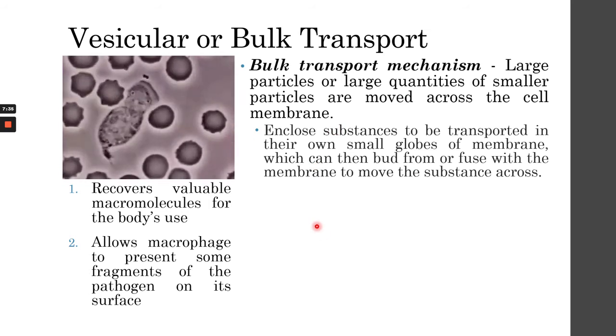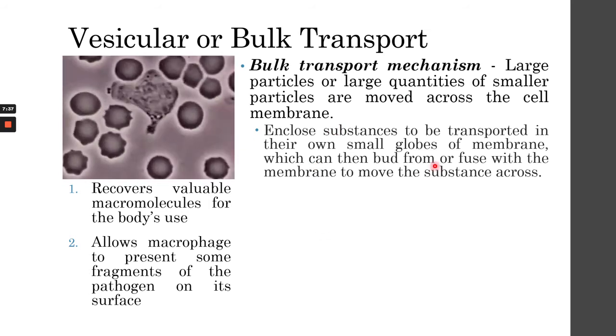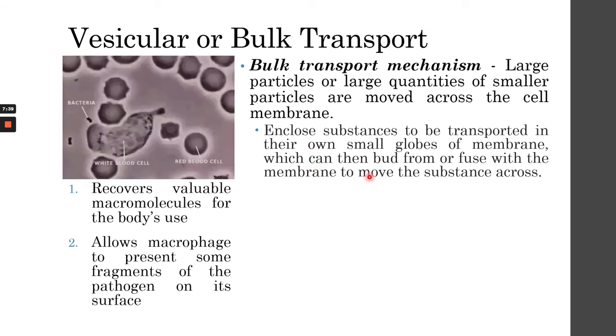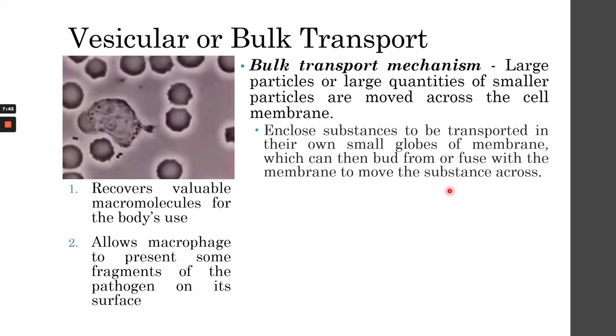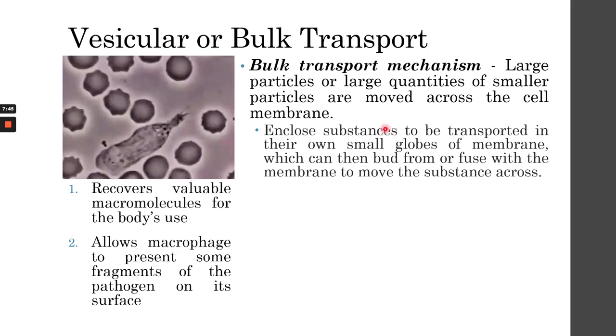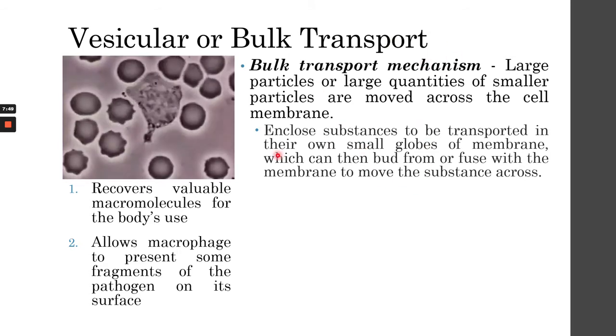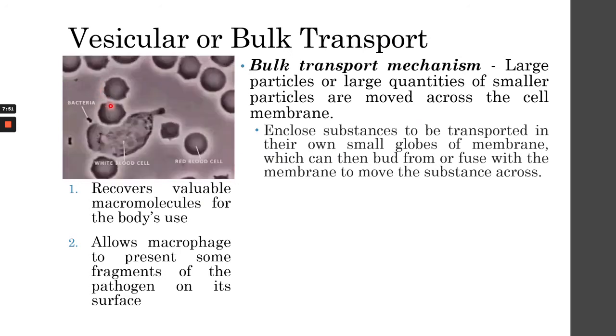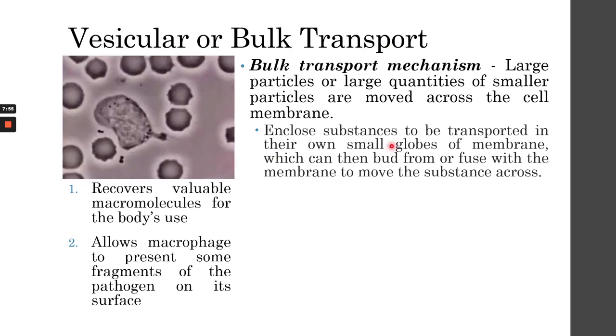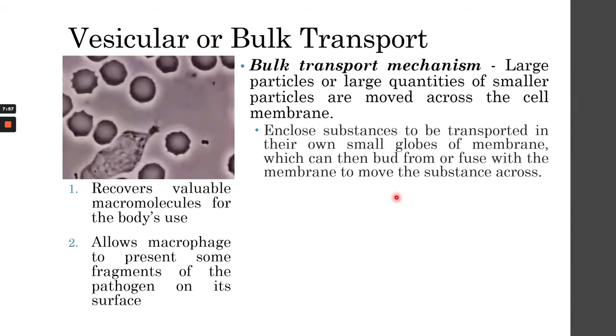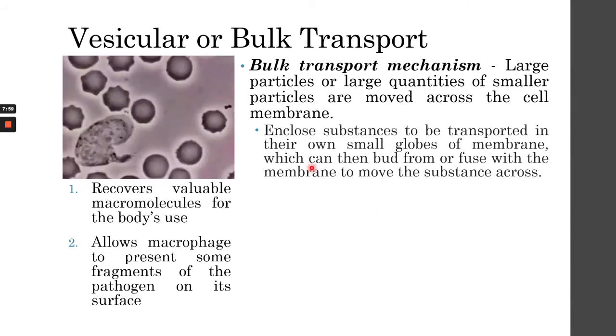Enclosed substances are transported in their own small globes of membrane, which can then bud from or fuse with the membrane to move the substances across. So we will discuss this more later, but basically bulk transport, after engulfing those materials, after nyo swallow yon, that swallowed material can be moved inside our cells. Later I will show you how.